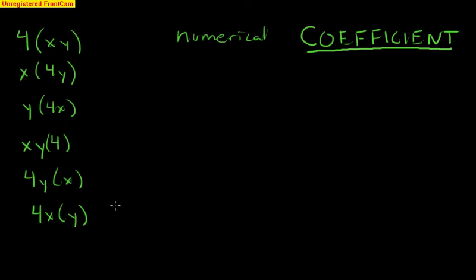We would say that these are all factors. It's multiplication. In other words, 4 times x times y is an expression where we're multiplying these factors. Factors multiply to get a product.